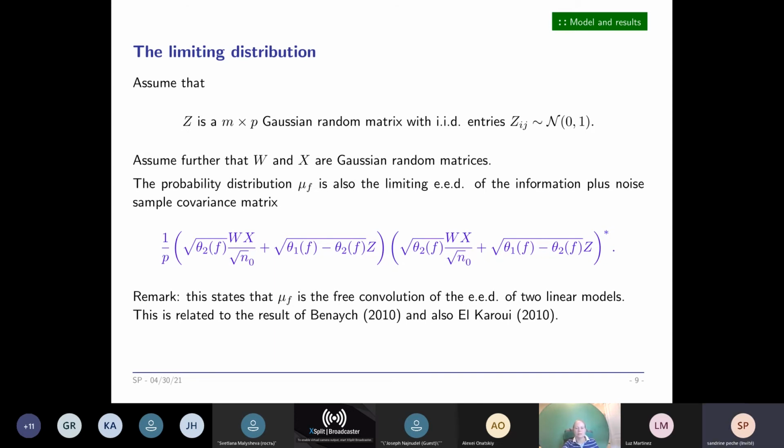So you have to choose square root of theta 1 minus theta 2 in front of Z and so on to get the appropriate distribution in the limit.